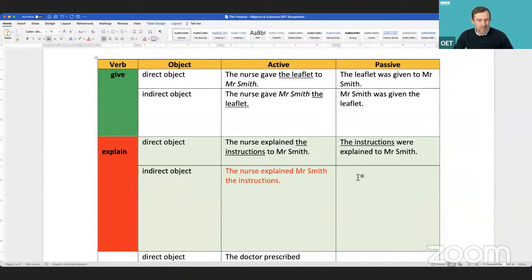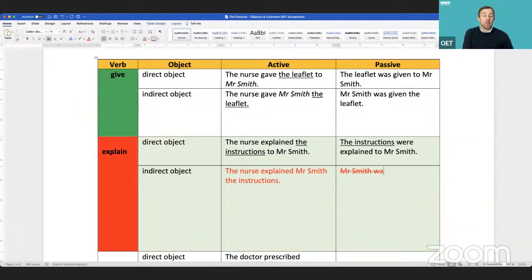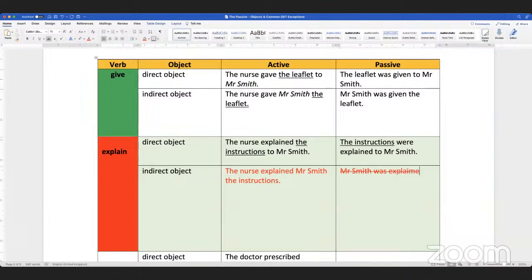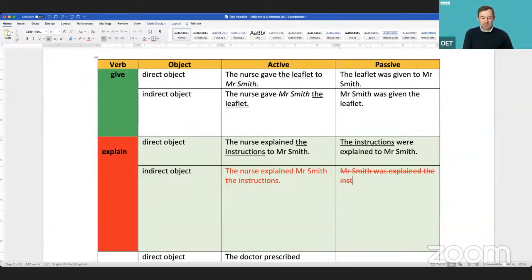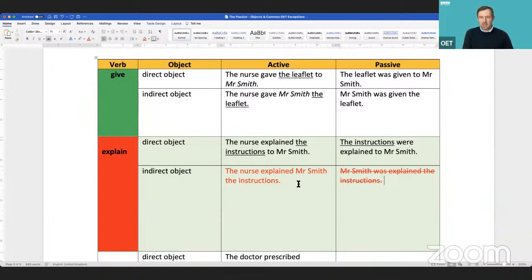But if I put it into the passive with the indirect object, it would be Mr. Smith was explained the instruction. Because was given is fine. Oh, sorry, yes, was explained. Now, that's not allowed. We can't do that.